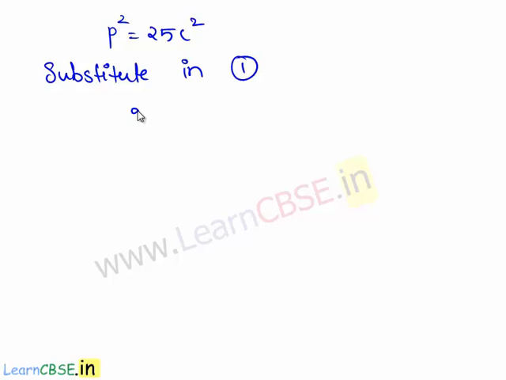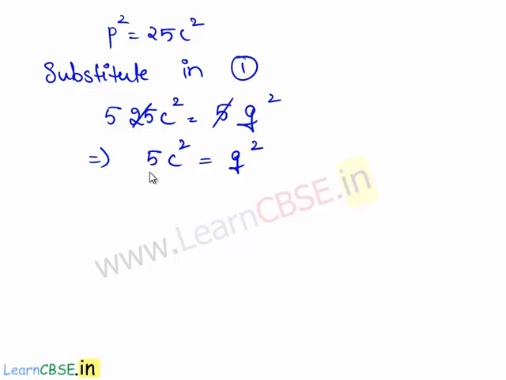So we have 25c square is equal to 5q square. So 5 goes in 25 5 times. This implies 5c square is equal to q square. From this equation, we have 5 divides q square, which also implies that 5 divides q. Therefore, 5 is a factor of q.